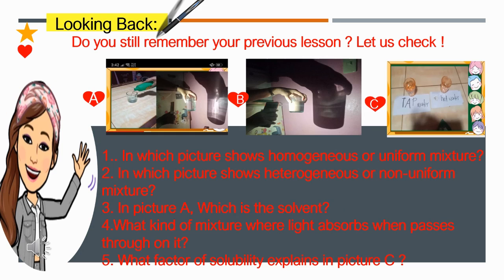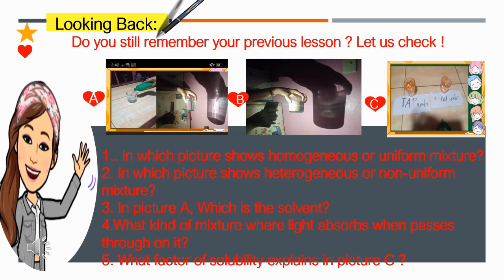Do you still remember your previous lesson? Very good. Now, let us check. Observe picture A, picture B, picture C to answer questions 1 to 5 below. Is it clear, class? Very good. Question number 1. Which picture shows a homogeneous or uniform mixture? Question number 2.